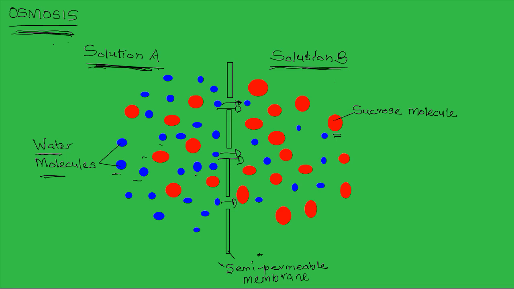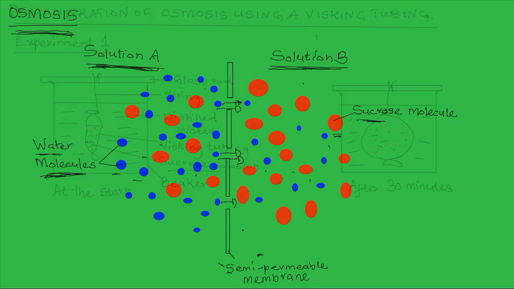So, sugar molecules, in this particular case, the sucrose, are too large and they're restricted by the semi-permeable membrane and hence cannot move across. So in a nutshell, osmosis refers to the movement of water molecules from a region of their higher concentration, that is solution A, to a region of their lower concentration, that is solution B, across a semi-permeable membrane.